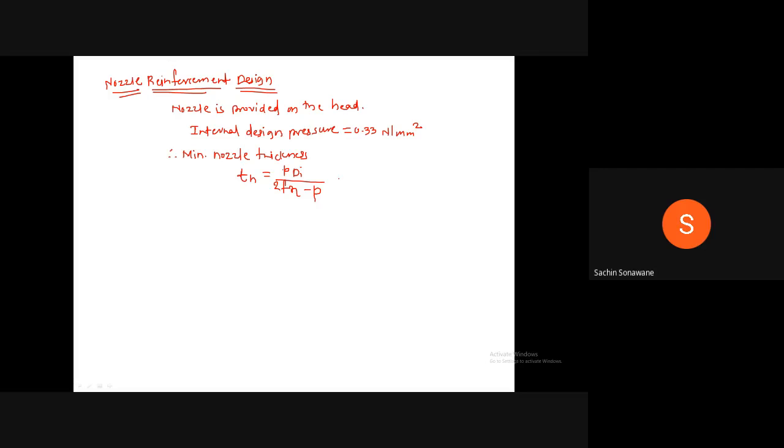Minus P, which is equal to 0.33 into 150 divided by 2 into 130 into 1 minus 0.33.